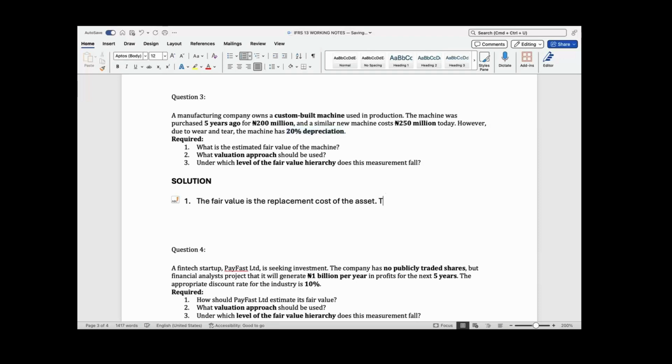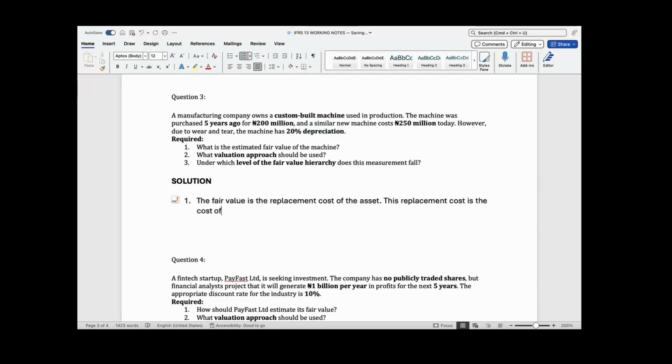Okay, so I will just say that this replacement cost is the cost of a new asset. Hence, we need to adjust it for depreciation.